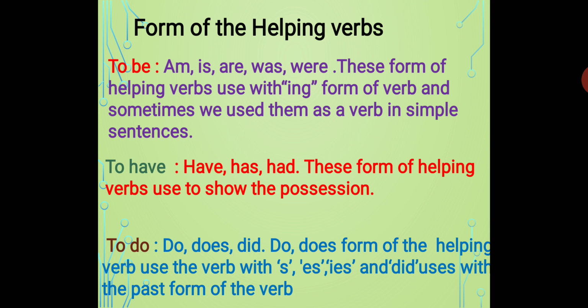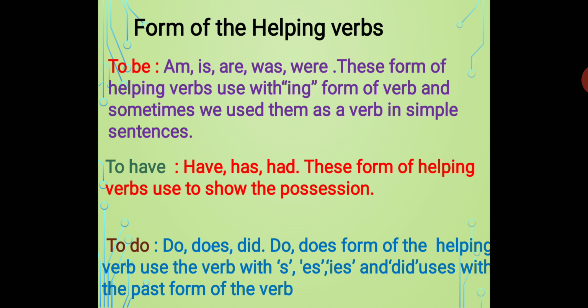And next is the to do form of the verb, which we are going to learn today. Do, does and did are the helping verbs of the to do form.